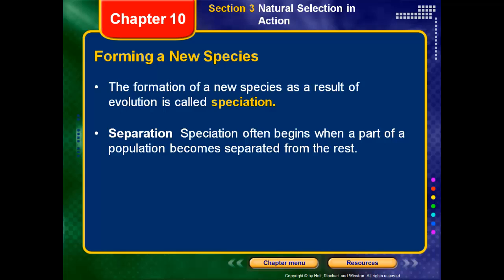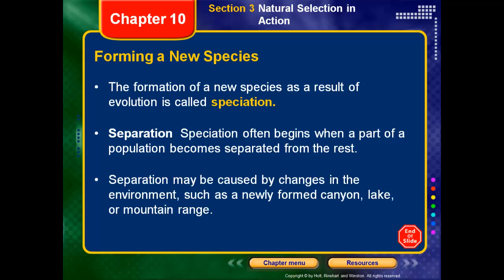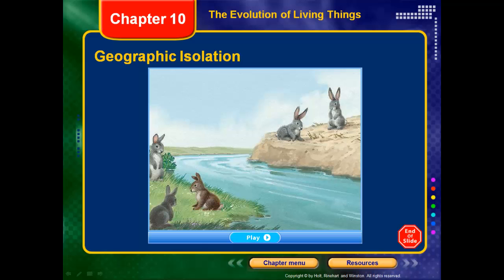So they're no longer in contact with the rest of the original population and can no longer interbreed. Now this separation might be caused by changes in the environment. So you might have a newly formed canyon, so some of the population is on one side and some on the other, or a newly formed lake, or a new mountain range, and that would separate the different parts of the population. So let's watch a little animation to explain this.